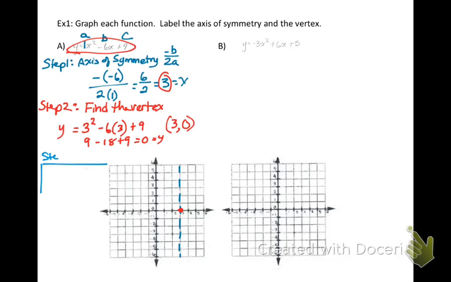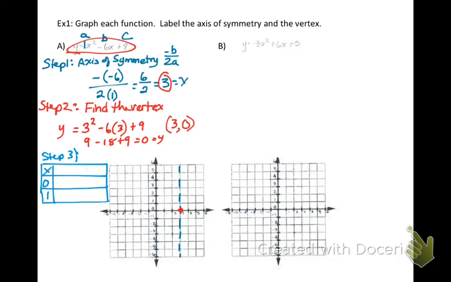Now step 3. You're going to make a table like we did before, except all you have to do is only 2 numbers. I'm going to put x here, and I'm going to use 0 and 1.